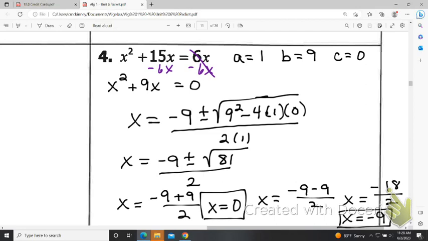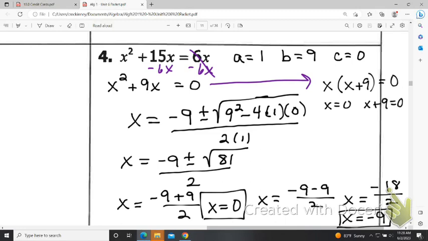And remember, these first ones, if we're getting nice answers, it means you could check it easily with factoring. X on the outside, right, common factor, x plus 9 is equal to 0. That means either x is 0 or x plus 9 is equal to 0.